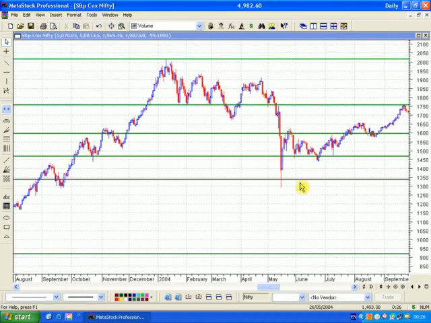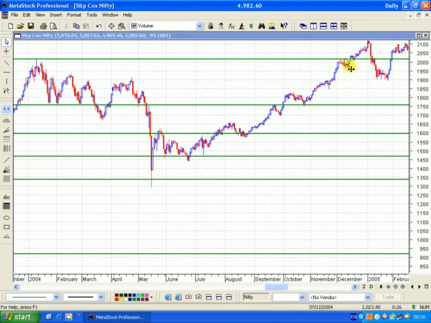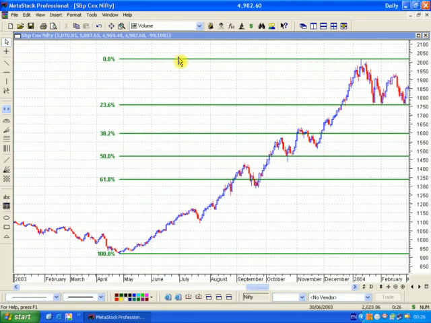Finally it broke through it, went back above it, came back down, found support near the 61.8% level, went up, found resistance near 38.2, support at 50, resistance at 38.2, then again resistance at 23.6, and finally one time it found resistance near where it all started and finally broke through it.